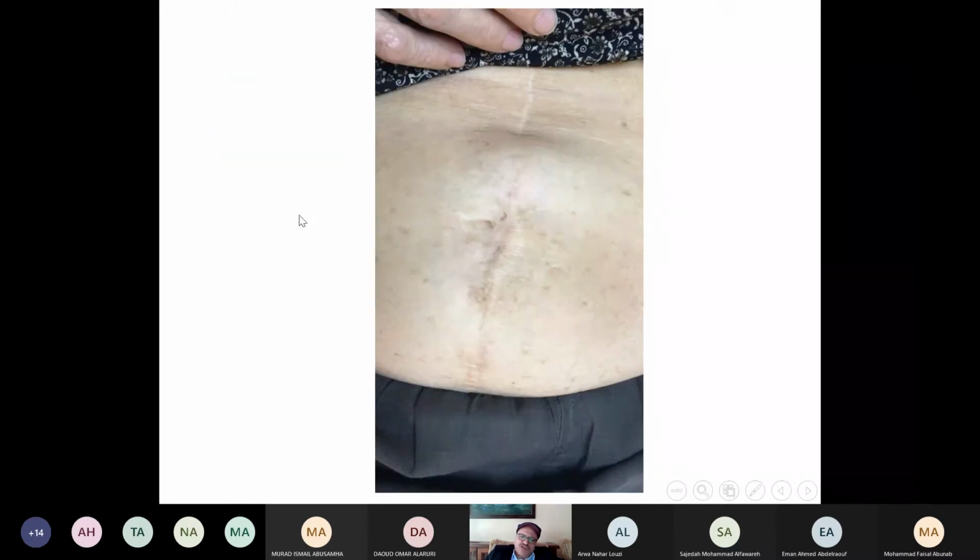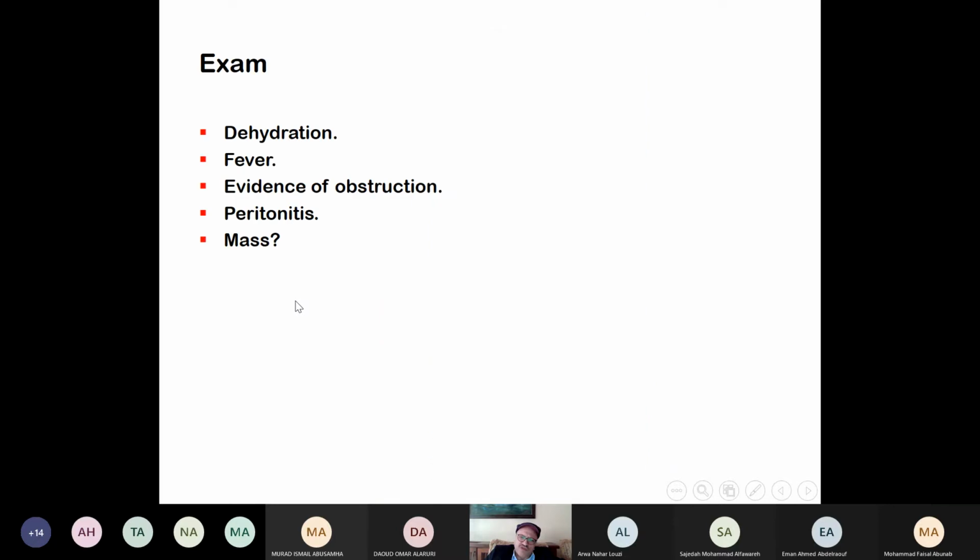So out of the general examination, the vital signs, the head and neck, the chest and the abdomen, you need to come out with conclusions. Number one, you prove that the patient is having obstruction. You need to know if the patient is having peritonitis or not.